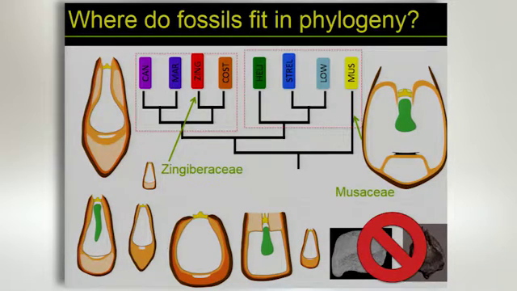If you think back to the morphospace, where the Zingiberaceae has so much more disparity in the seed morphology, that's reflected also in its vegetative morphology and its ecology and the kinds of environments it lives in. And so we're thinking that these are probably growing in environments that are much more likely to be preserved, whereas the other families are growing in environments that are much less likely to be preserved, and so we're much less likely to find these in the fossil record. So Zingiberaceae are just buying more lottery tickets for the fossil lottery to get into it.